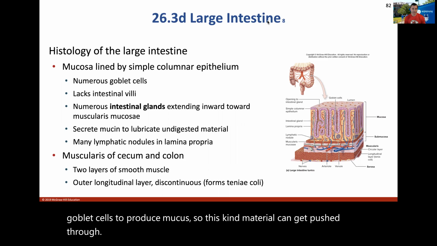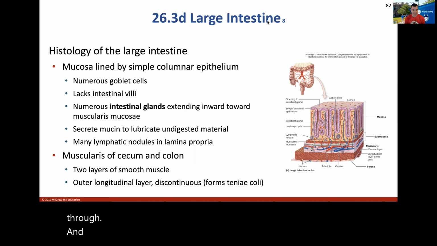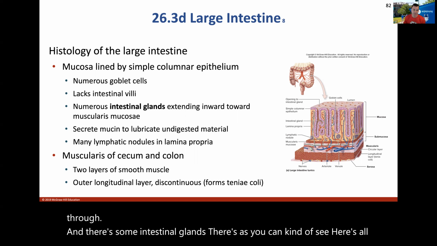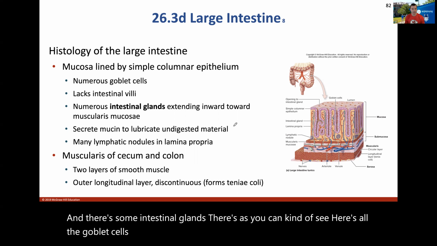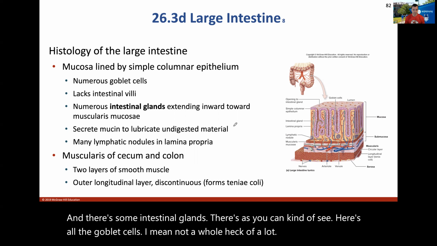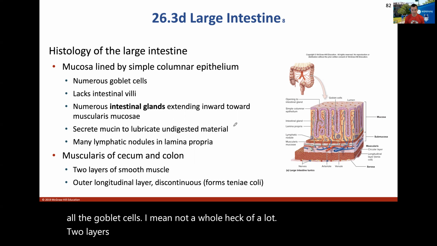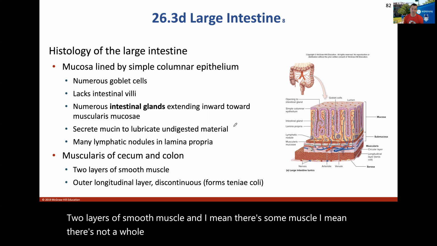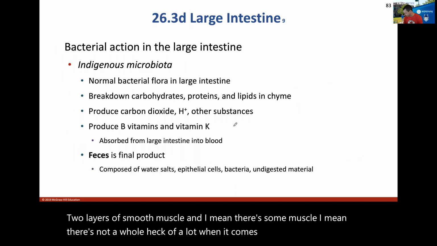And there's some intestinal glands. As you can see here, there's all the goblet cells. Not a whole lot else. Two layers of smooth muscle. There's some muscle, but there's not a whole lot when it comes to histology.